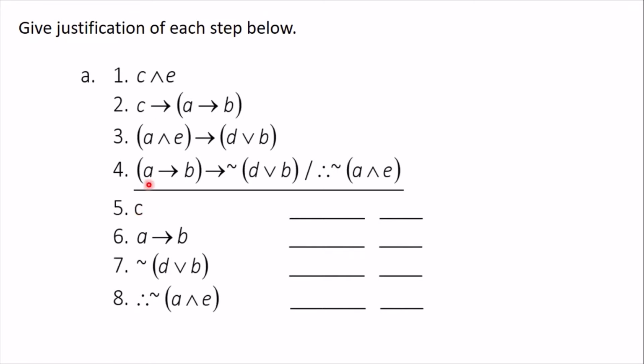At ano yung number na premise na ginamit? That's 1. At ano yung rule? Ilalagay natin doon. That's simplification. Next, we have another premise here which is A implies B. At paano tayo nakakuha ng ganito?